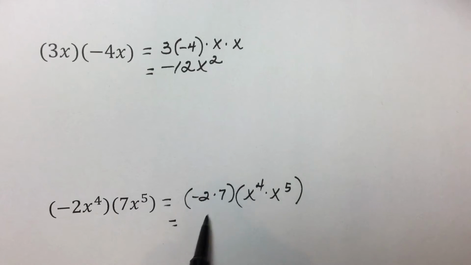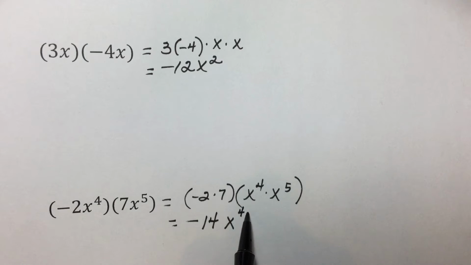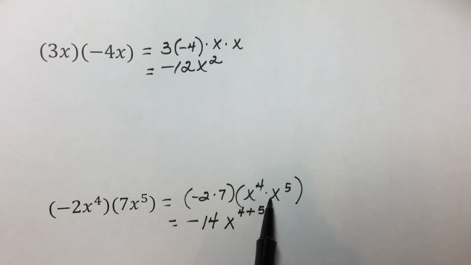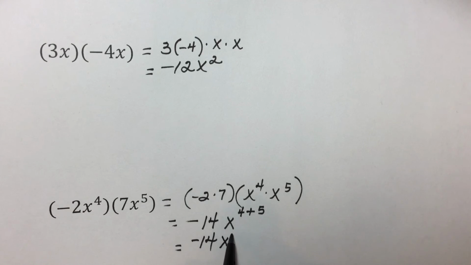Simplifying, negative 2 times 7 is negative 14, and using the product rule for exponents, we have the common base of x with the exponent of 4 plus 5, since we have those common bases multiplied together. Simplifying further, the product of these two monomials is negative 14 times x to the power of 9.